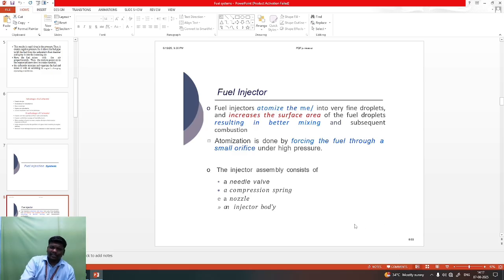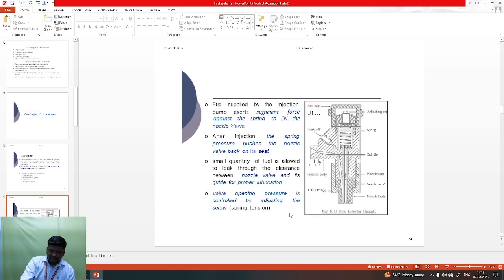The injector assembly consists of four parts: first a needle valve, second a compression spring, third a nozzle, and fourth the injector body. The fuel supplied by the injection pump exerts sufficient force against the spring to lift the nozzle.